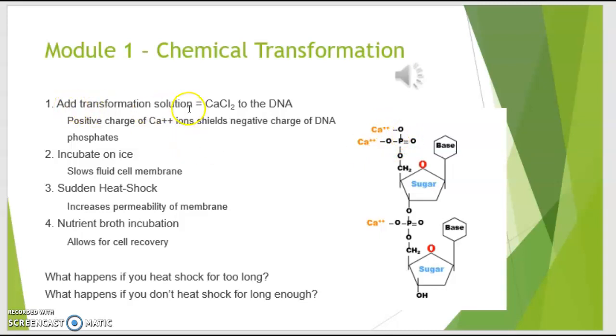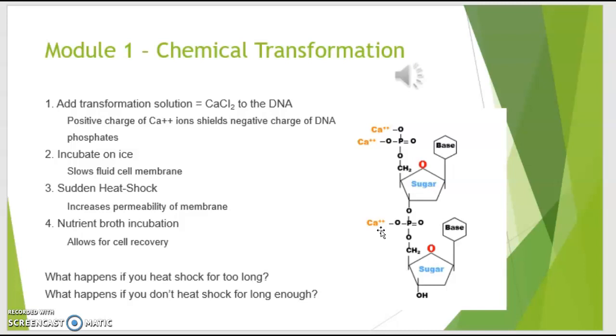For step number 1, we add a transformation solution, calcium chloride, to the DNA. Calcium chloride has positive ions, making it positively charged. Essentially they would find those negatively charged oxygens and bond together. What they're doing is shielding that negative charge. With the positive and negative together, it's kind of like it doesn't really have a charge, and they're shielding each other.